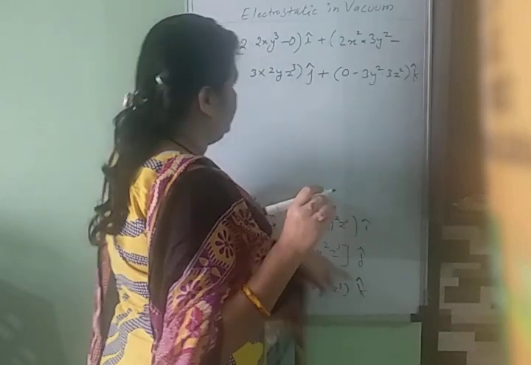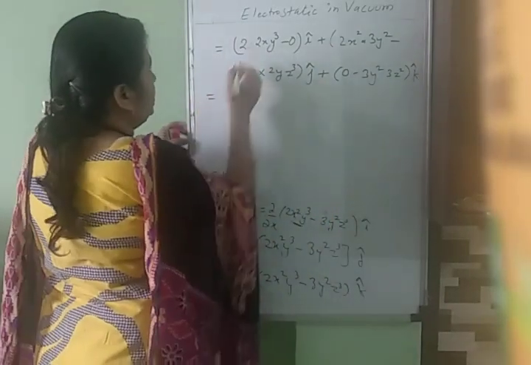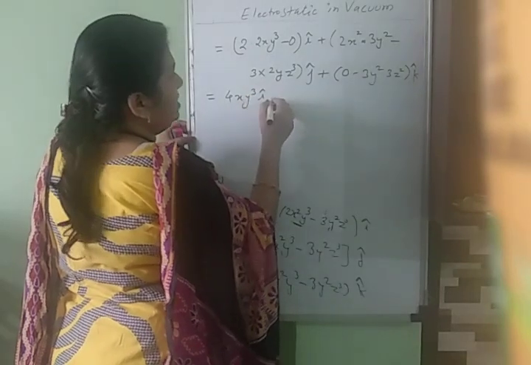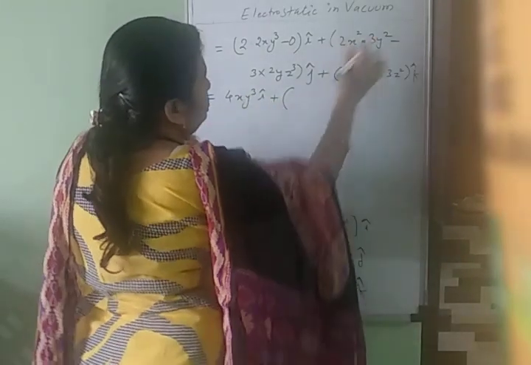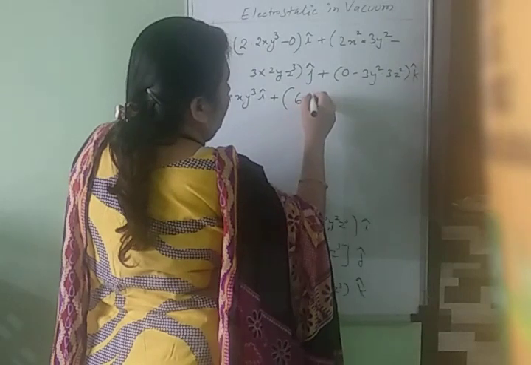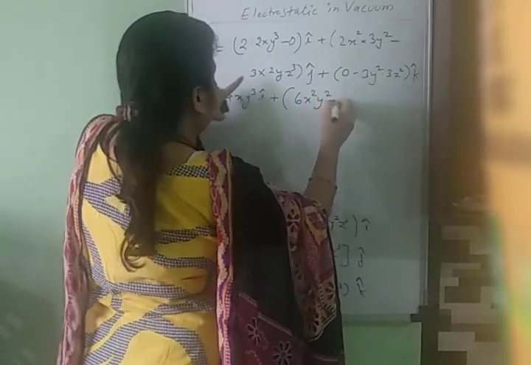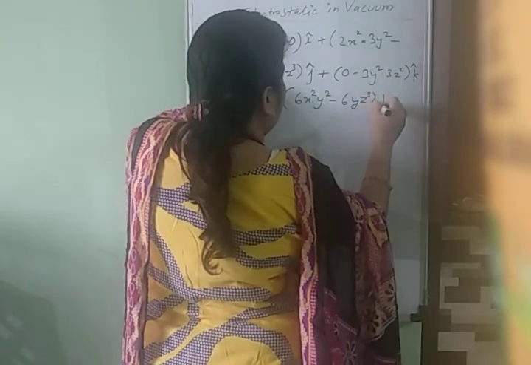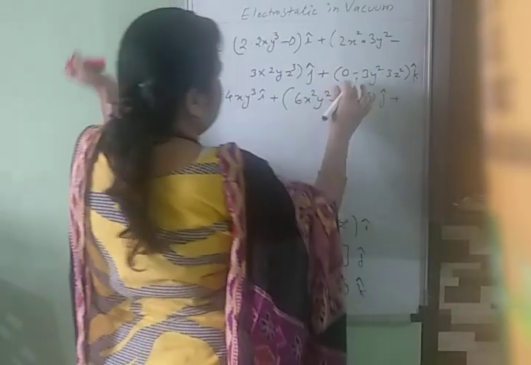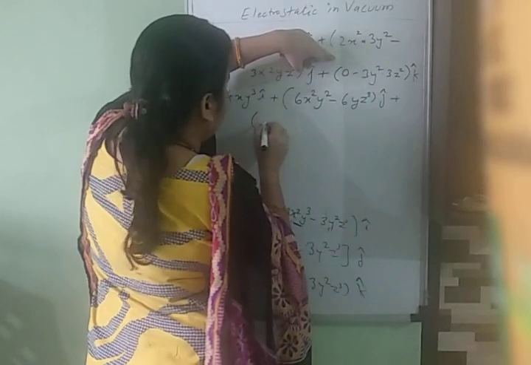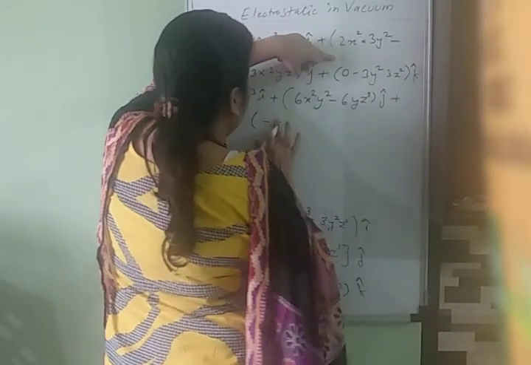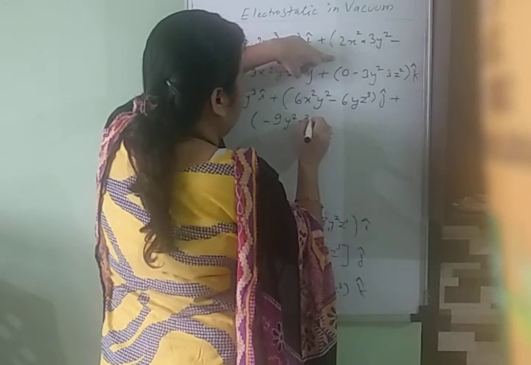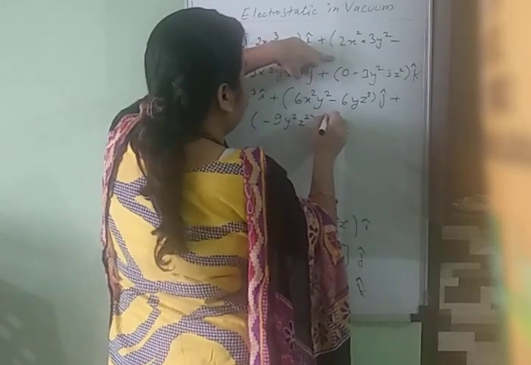Solving again, we get 4xy³ unit vector i, plus 6x²y² minus 6yz³ unit vector j, minus 9y²z² unit vector k.